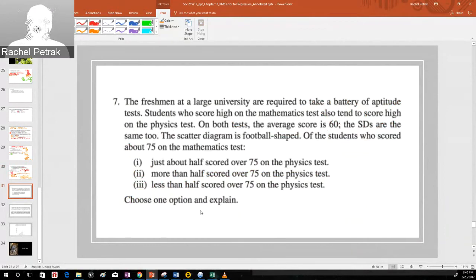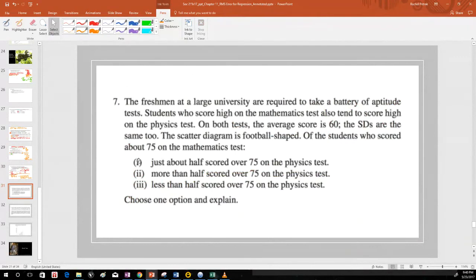75 on the math test is, well, we don't know exactly how many standard deviations, but the mean and standard deviation on both tests is the same. So of the students who scored about 75 on the mathematics test, we would assume that we've got just less than half scoring over 75 on the physics test.